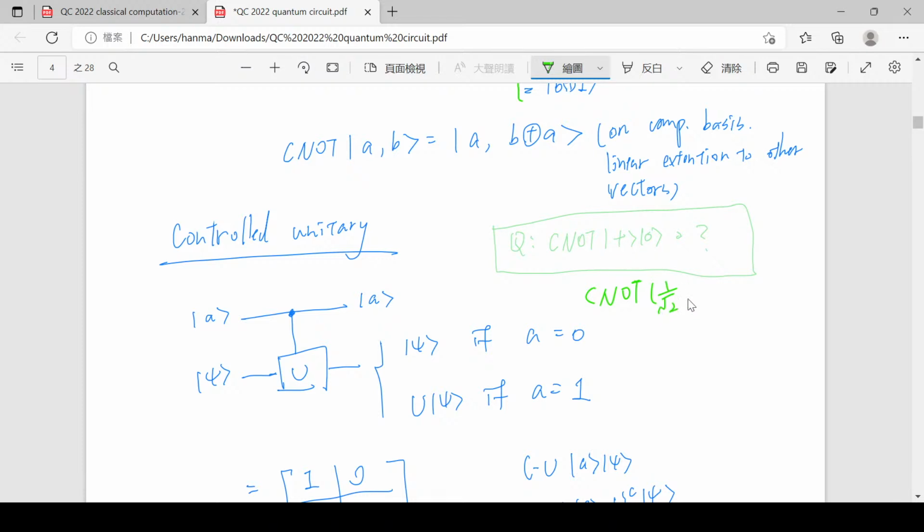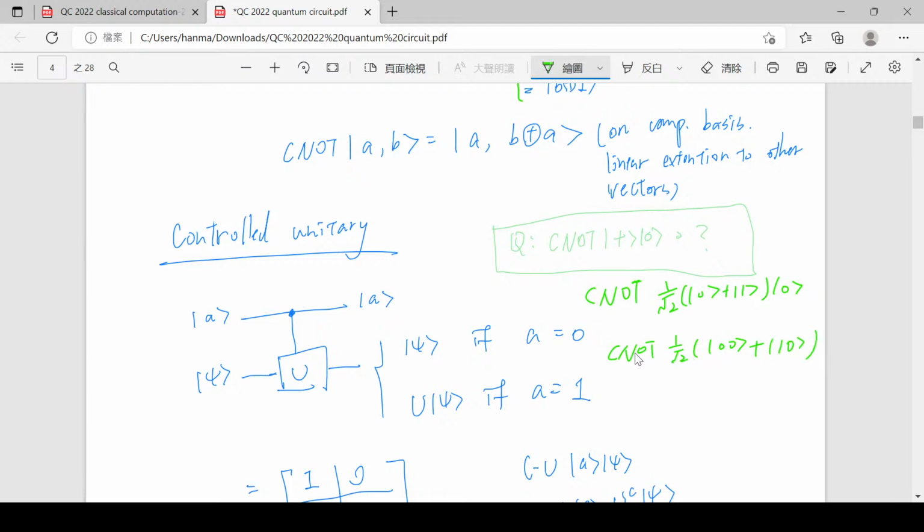So this plus is 1 over square root 2, 0 plus 1, and 0 is 0. Let's just expand all this. So it's C naught of 1 over square root 2, 0, 0 plus 1, 0.